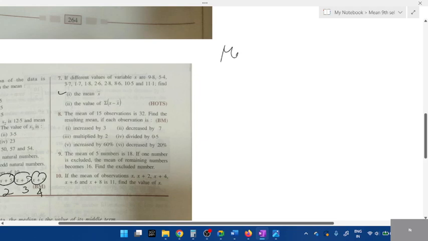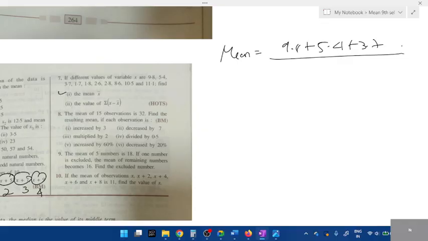How do you find the mean? Yes. Add everything. Add all the numbers. Write the formula. Add 5.4 plus 3.7 divided by, divide the number. Okay, you can use shifting method while dividing.